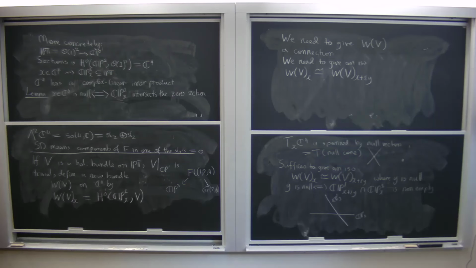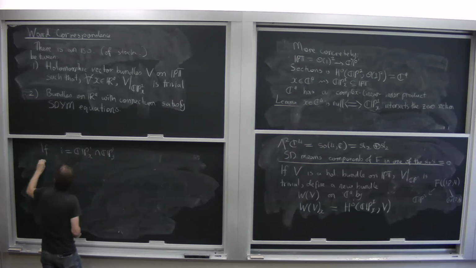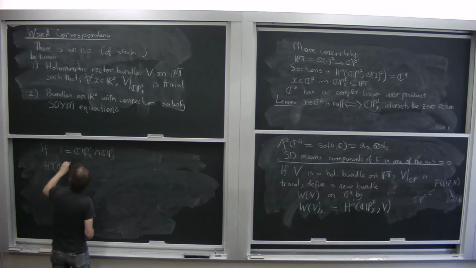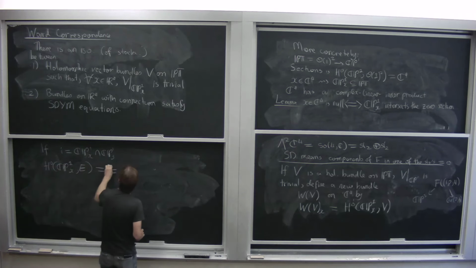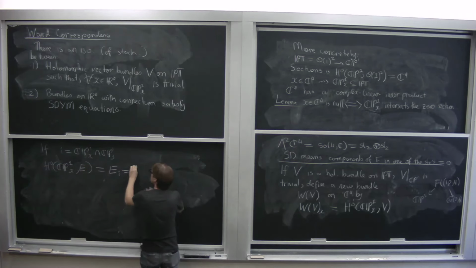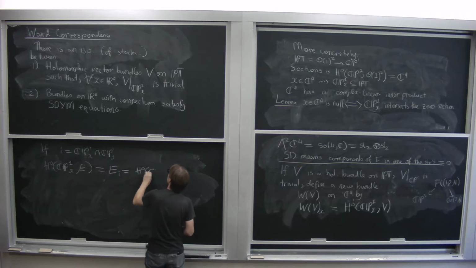So if I is the intersection point, sections on one CP1 are equal to the fiber at I canonically, and that's equal to the sections on the other CP1.